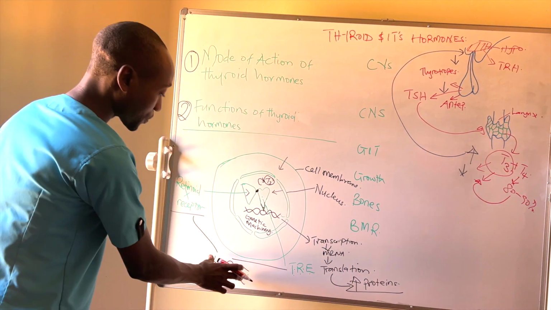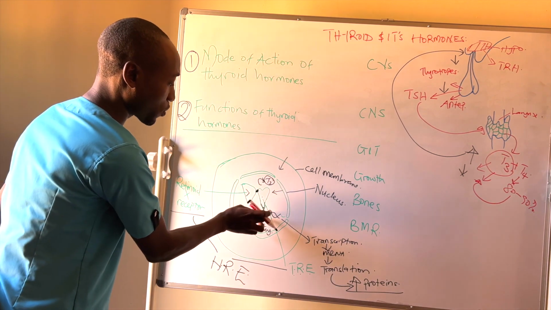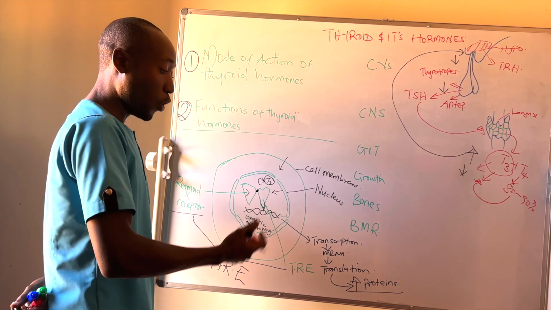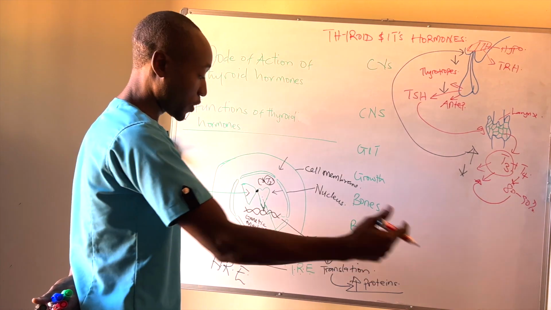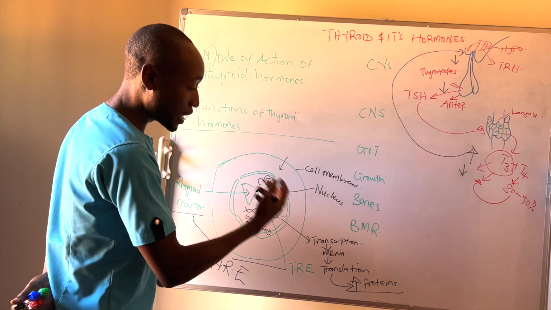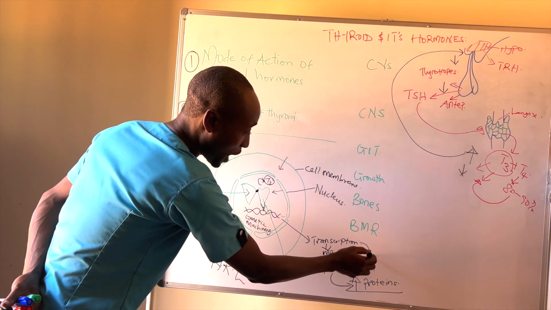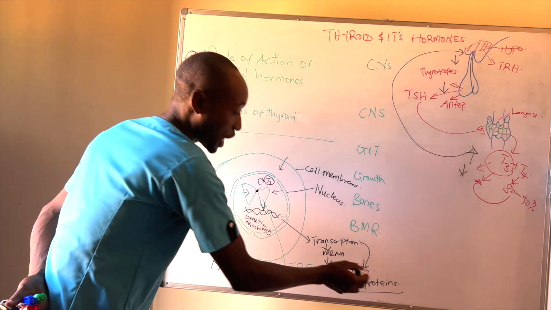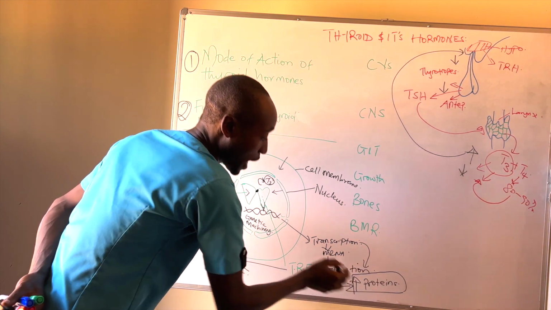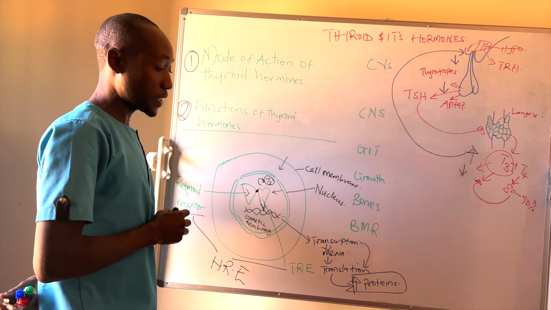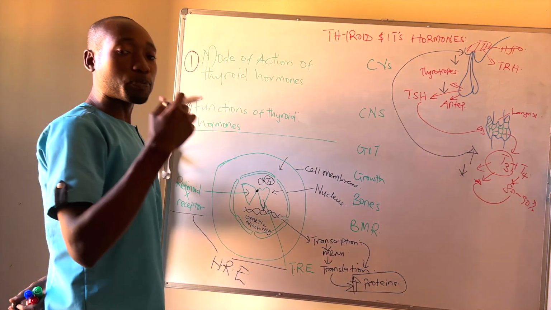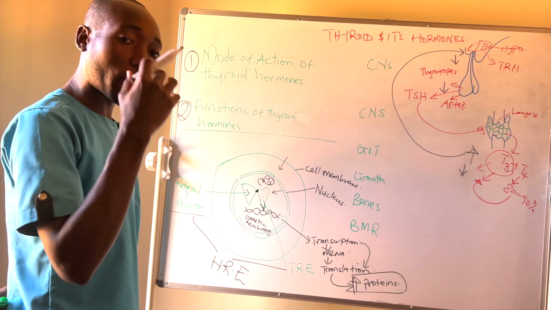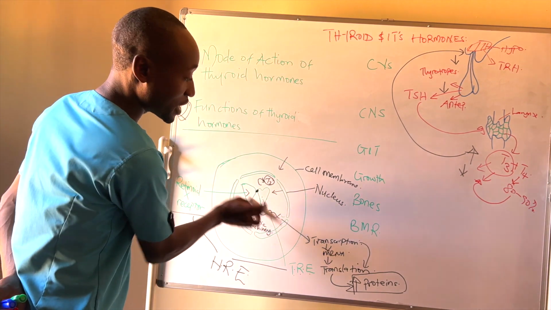Okay, so when this is formed, and because it is in close approximation with the genetic machinery that leads to formation of proteins, it is going to influence and lead to transcription and translation, and therefore we shall have a product as different kinds of proteins. The proteins that are produced depend on the kind of the organ or kind of the cell that is being influenced.